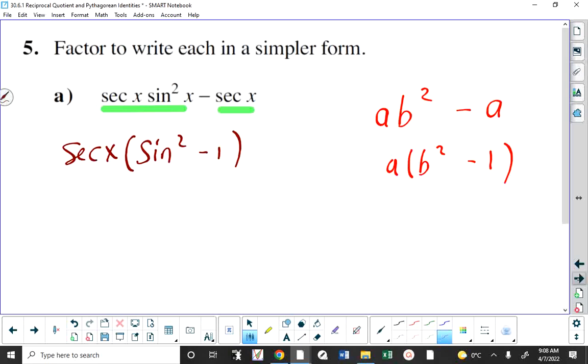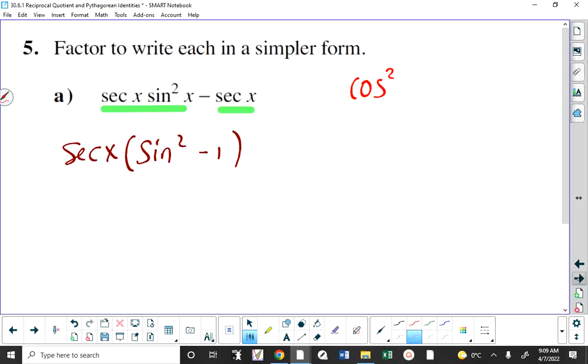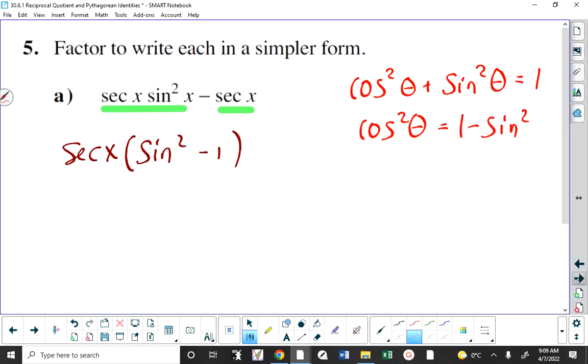Okay. Now, unfortunately, I'm going to start loading more on your shoulders because I've told you that you are expected to know cos squared of theta plus sine squared of theta equals 1. You are expected to know that cos squared of theta is 1 minus sine squared of theta. You're expected to know that sine squared of theta is 1 minus cos squared of theta.